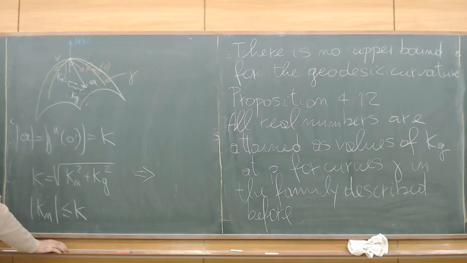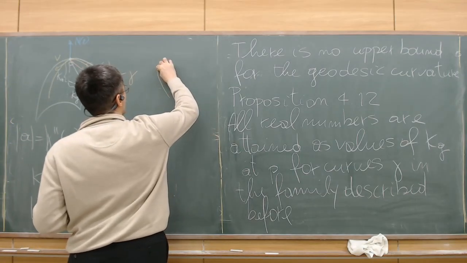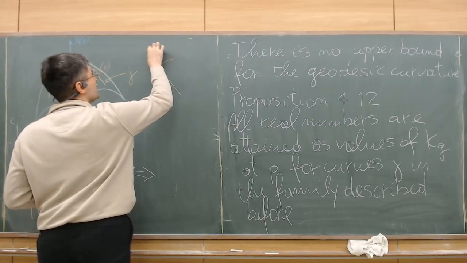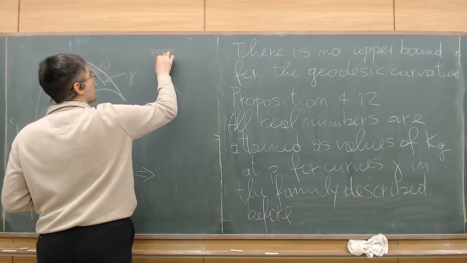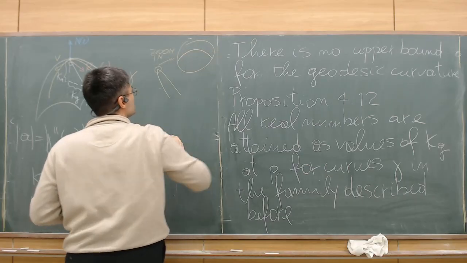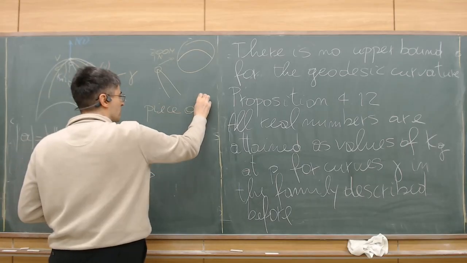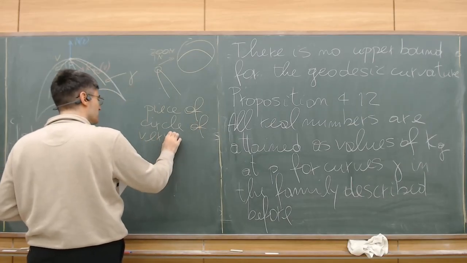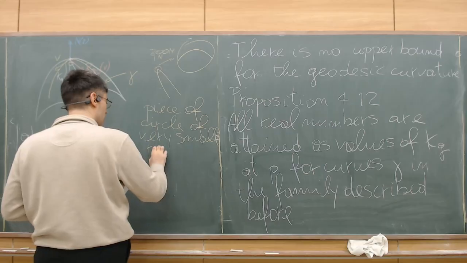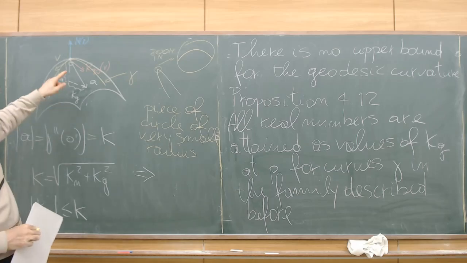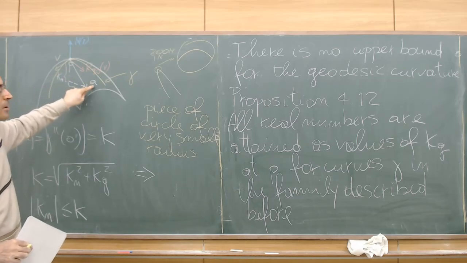If the curve gamma looks like this, where this part is, for example, I'm zooming in, a piece of circle of a very small radius, then the acceleration vector becomes very long.